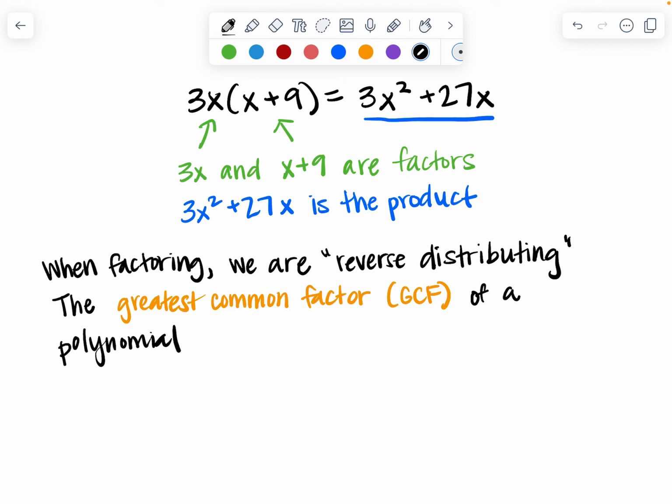The greatest common factor of a polynomial is going to be the greatest common factor of the coefficients and the smallest exponent of variables that are in all terms.